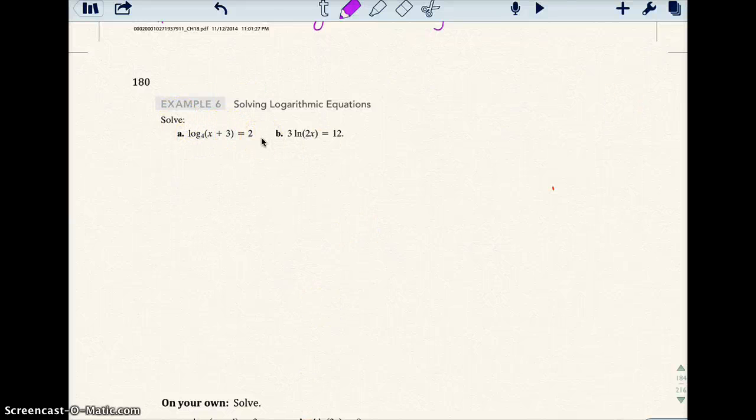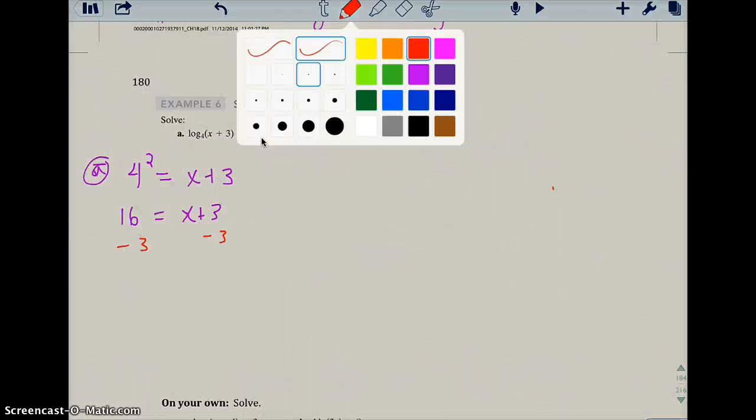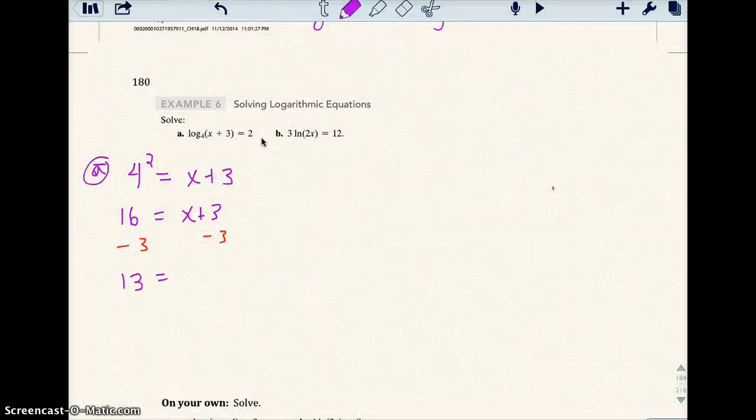So the first thing we're going to do in part A is rewrite this using the exponential form. So 4 to the second power is going to equal x plus 3. So when 16 equals x plus 3, I subtract 3 from both sides. I get 13 equals x.